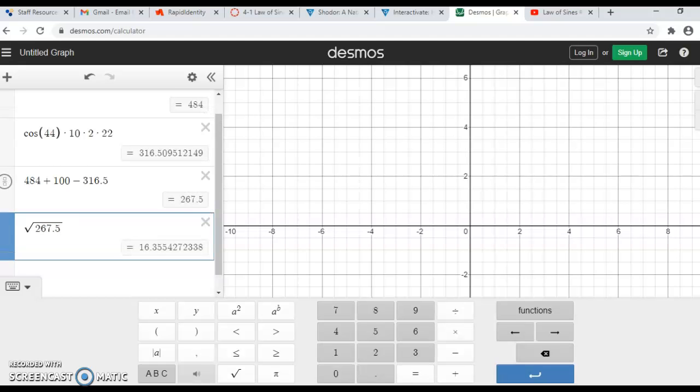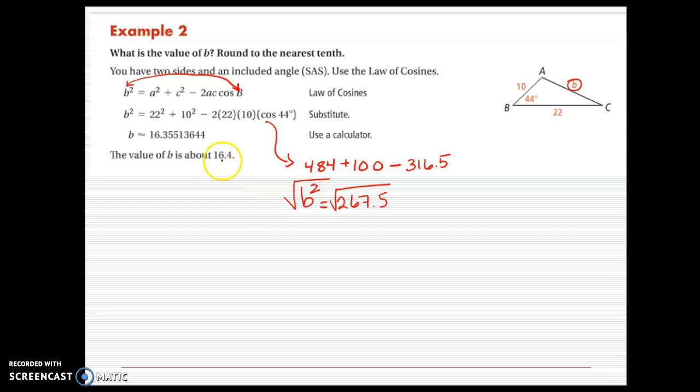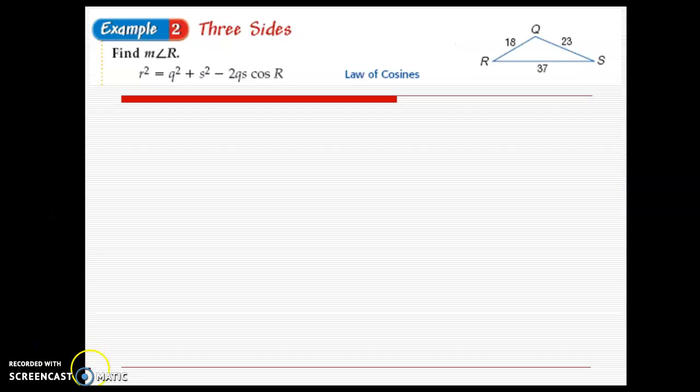Don't hit the equal sign, it's already there. So you get 16.4, which is exactly what they did, but that's how they got it. B is about 16.4. And that's how they did it. So it's not too tough. You just have to follow your formula.